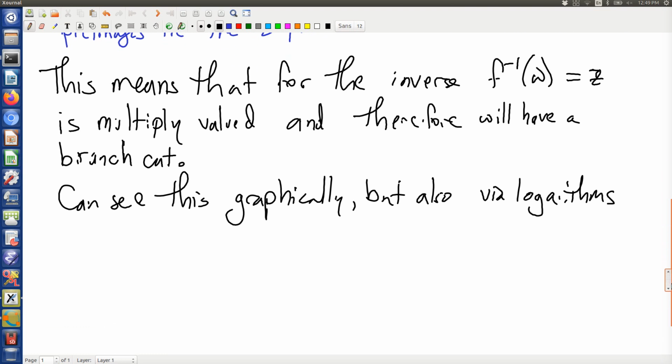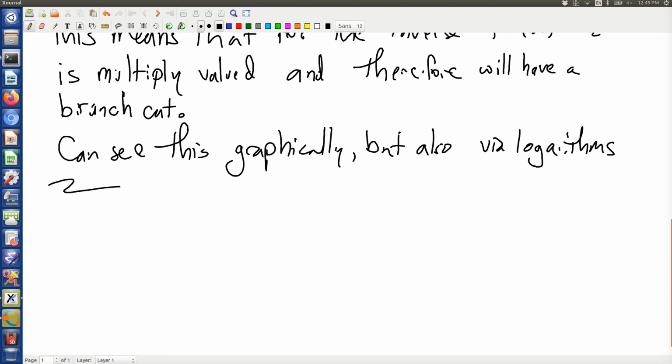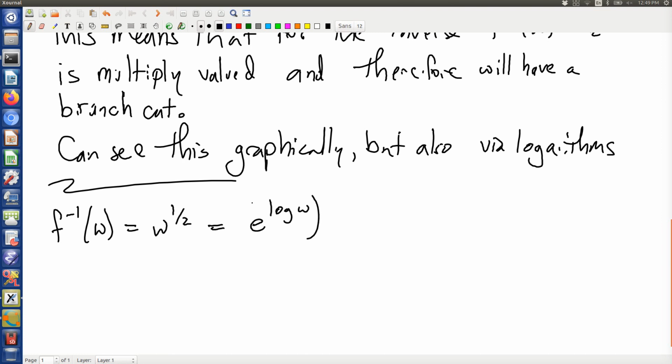And the reason for that is if I look at the inverse function, f inverse of w, which is w to the 1/2, let me write it out as e to the log of w to the 1/2. This is the complex log, not the natural log. This is e to the 1/2 log w.